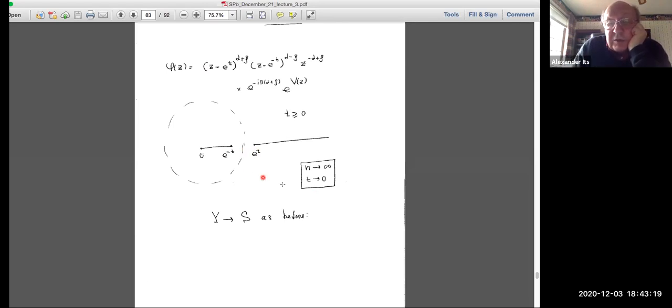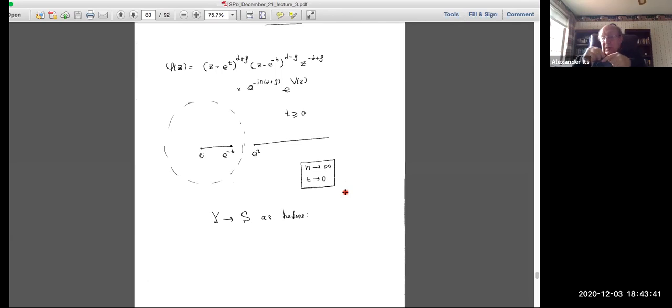So what I am going to study now is the double scaling. N goes to infinity as before in my Toeplitz determinant, but simultaneously t goes to 0. So ideally, I want to write uniform asymptotics with respect to those two.